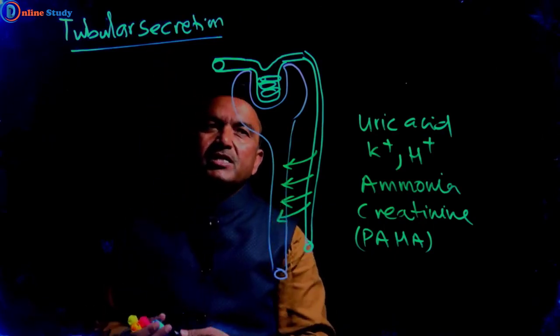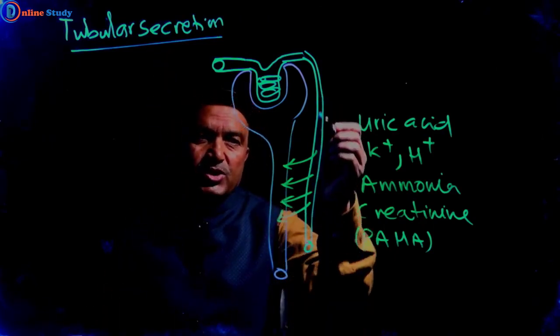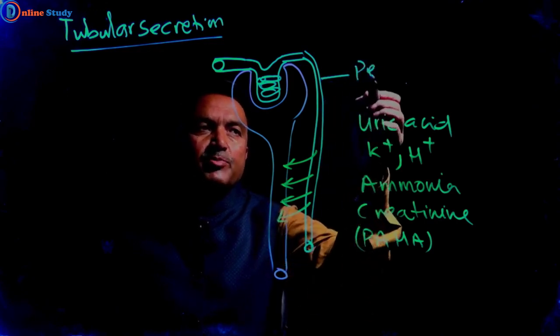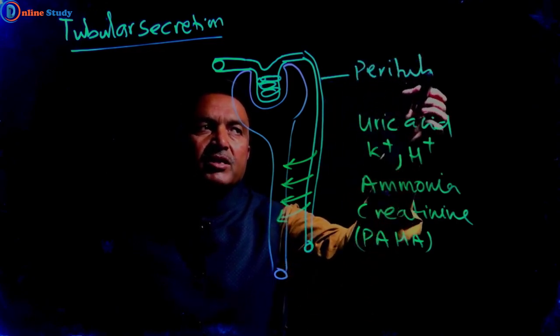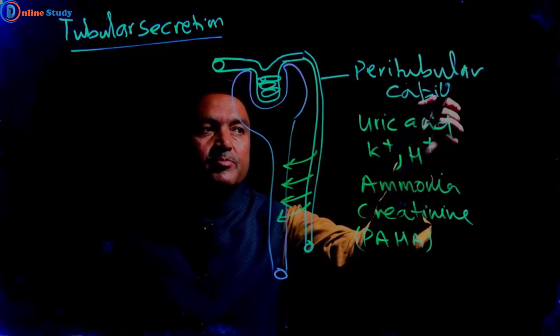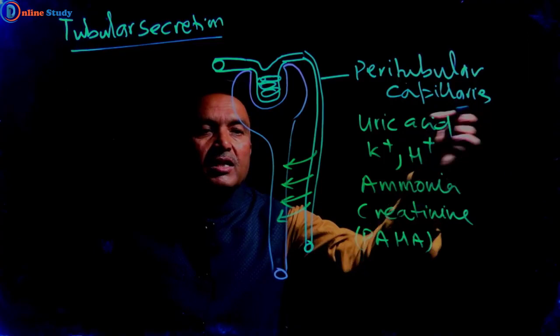Let us discuss tubular secretion. In tubular secretion, what will happen? These are the peritubular capillaries, the capillaries present around the renal tubule.